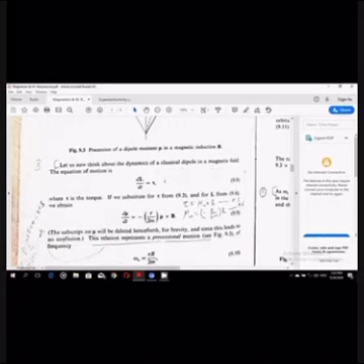So this equation 9.9, in which the derivative of mu is equal to some constant into mu cross B.